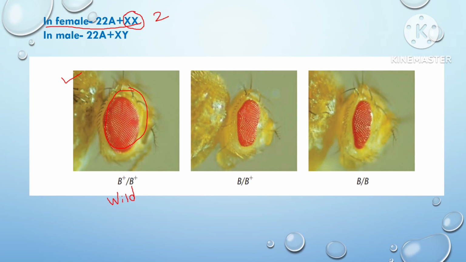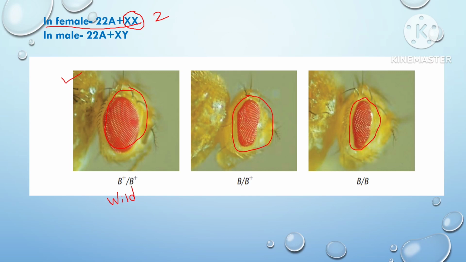This is a dominant mutation, so we can see the shape is a little bit shrunk, and here two genes are mutant, so it looks more slit like, a more bar shaped eye.